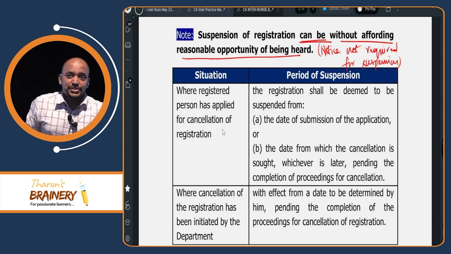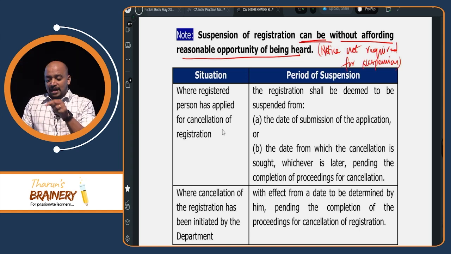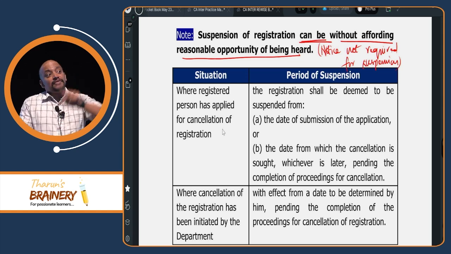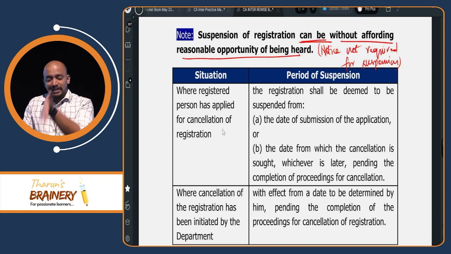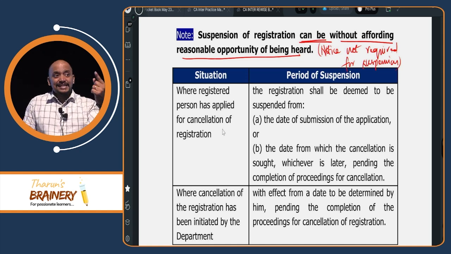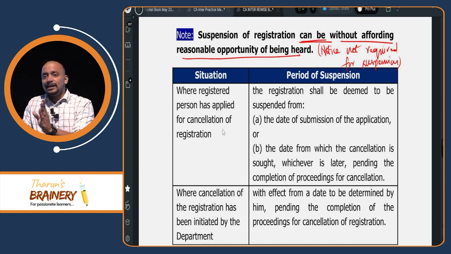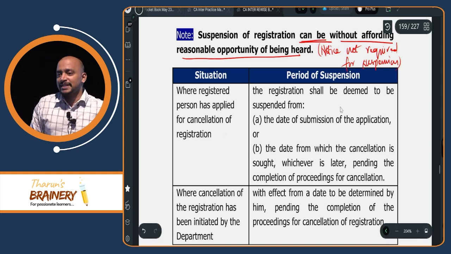So from when will the registration be suspended? 5th of April. Suppose I make the application today, 31st March, and I selected 1st of March. Which will be the date of suspension? 31st March. So whichever is later. Till the officer concludes the cancellation proceedings, my registration will be suspended.